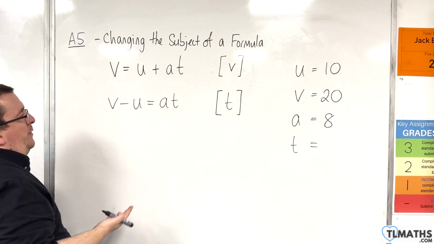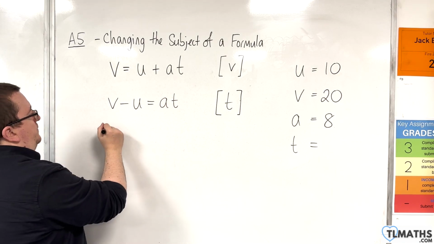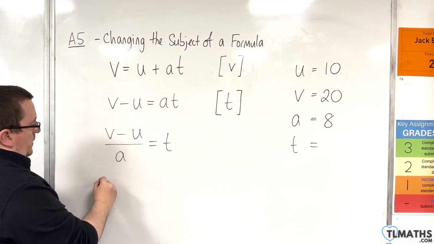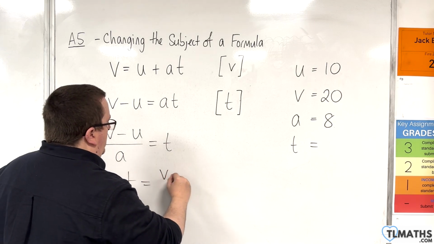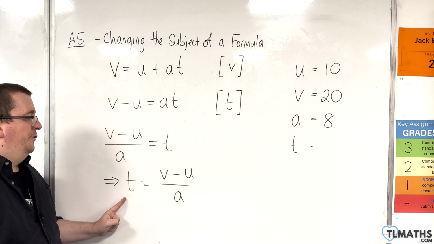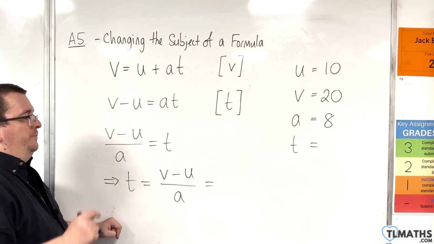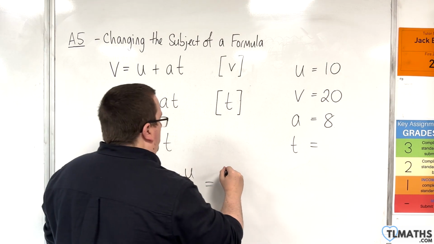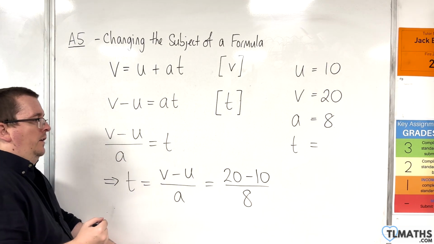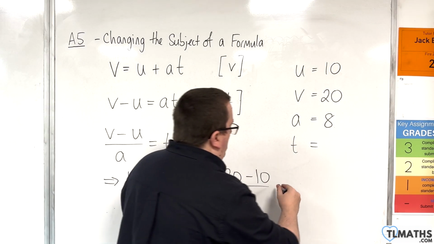But rather than dividing both sides by T, because I want to leave T where it is, I'll divide both sides by A. So T is V minus U over A. I have now made T the subject of the formula. So I can now plug in my information. I've got 20 take away 10 divided by 8. So 10 divided by 8 is 5 divided by 4, so that's 1.25.